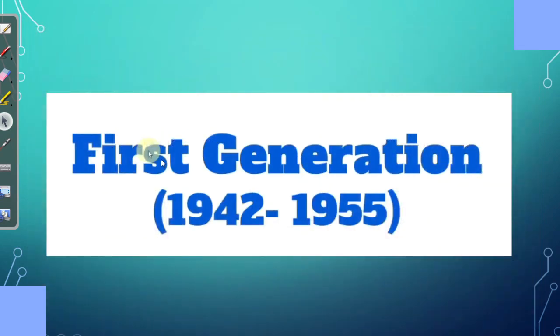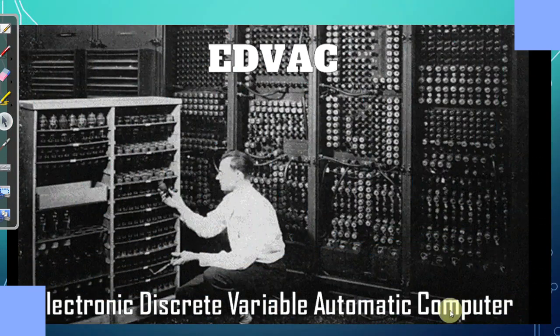The first generation was invented from 1942 to 1955. This is the period in which we worked with first generation computers. This is a first generation computer, EDVAC, the Electronic Discrete Variable Automatic Computer. See the size of the computer, how it looks.